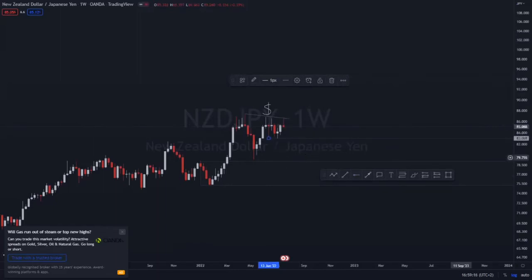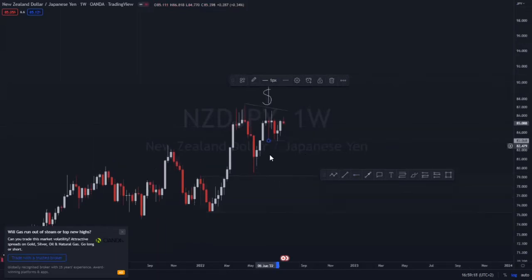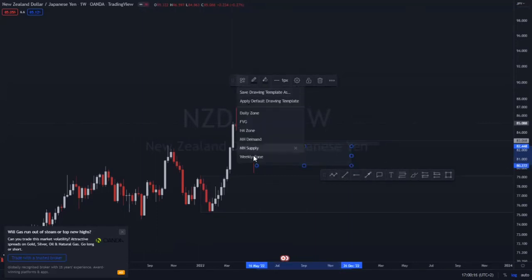because we have liquidity here in the form of equal lows. We have a small fair value gap here. Hope you can see it. And the source of that fair value gap is this demand zone. Now, this demand zone hasn't really been confirmed. Why do I say this? It hasn't resulted in any break of structure.